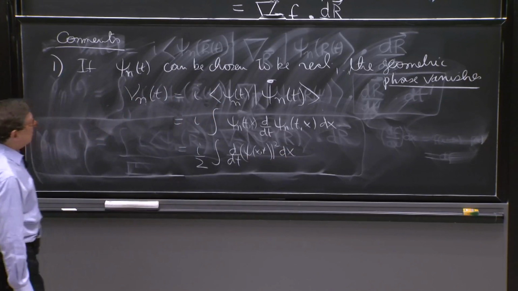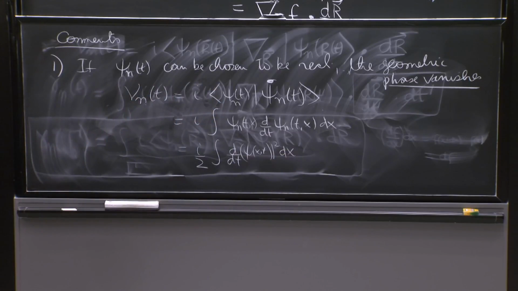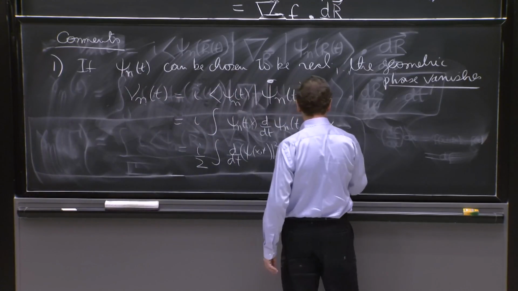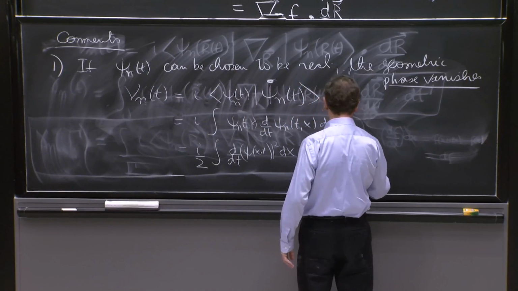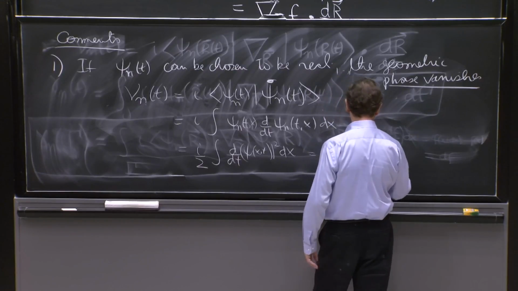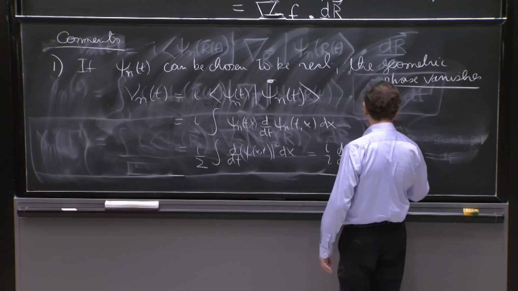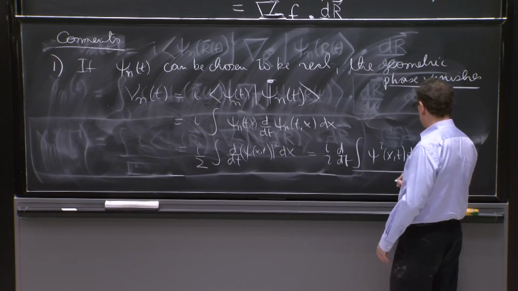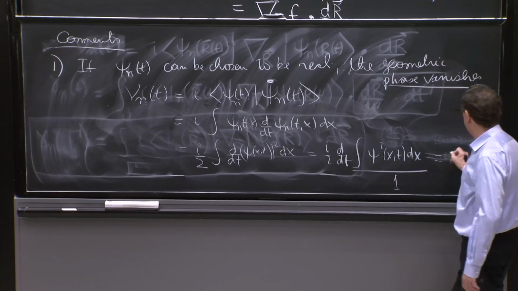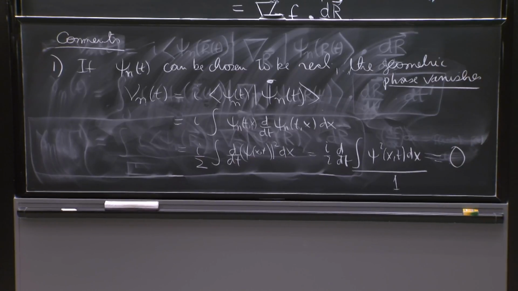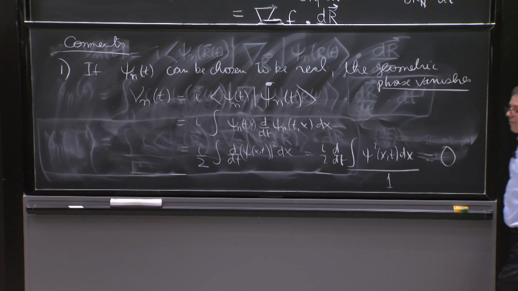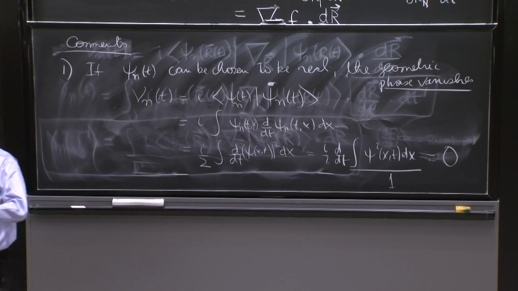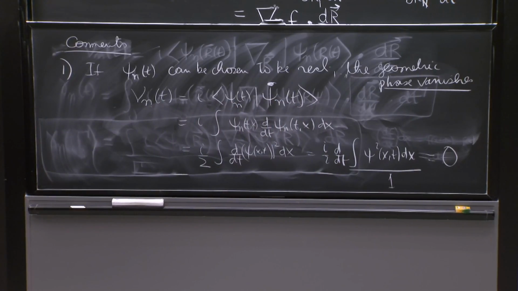The d/dt goes out of the integral. So this is i/2 d/dt of the integral of ψ²(x,t) dx. But that integral is 1, so the derivative is 0. So there's no geometric phase. So if you have real instantaneous eigenstates, don't even think of Berry's phase.